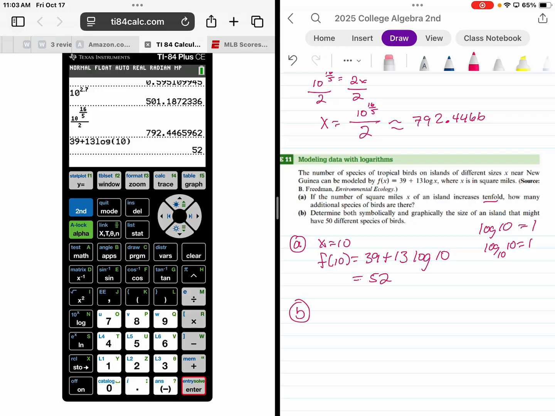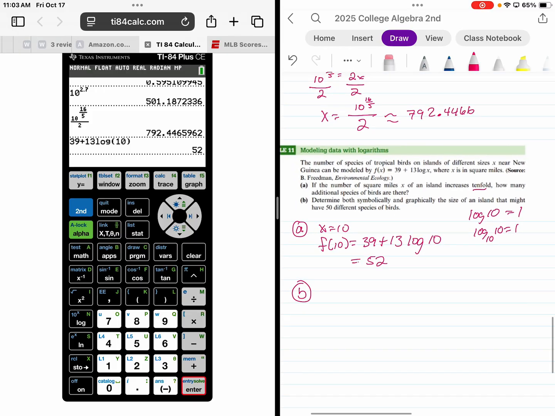Part B, determine both symbolically and graphically the size of an island that might have 50 different species of birds. Okay, so our answer up here on A is birds. So instead of us having miles, we're not given the miles.